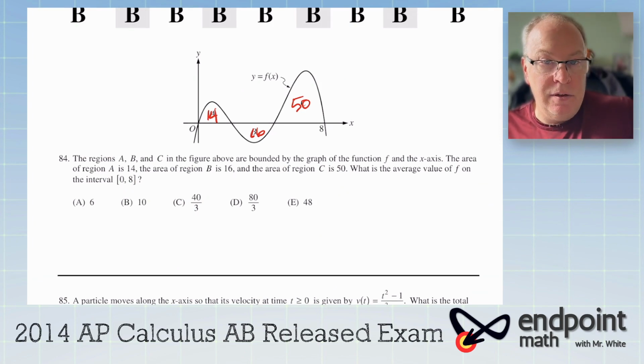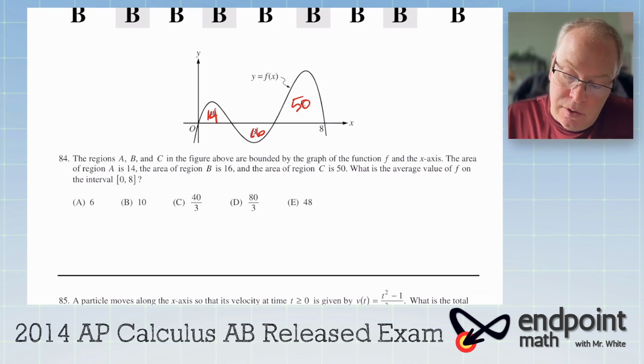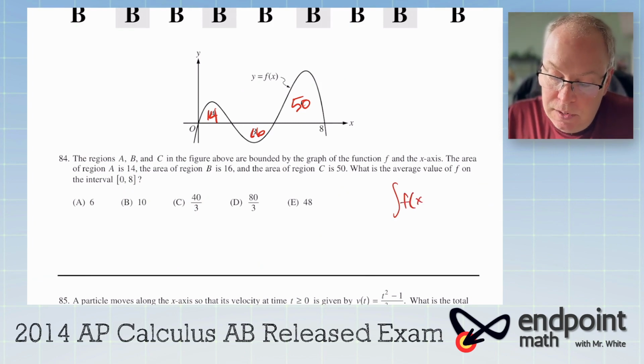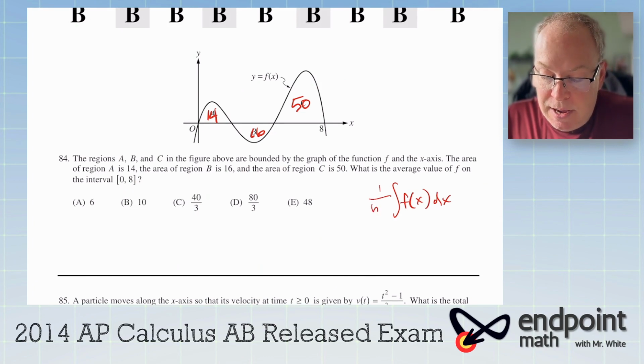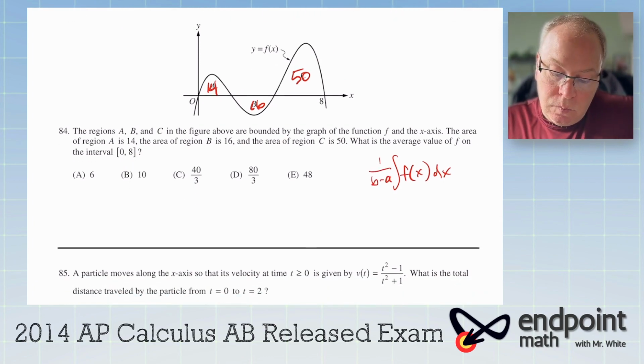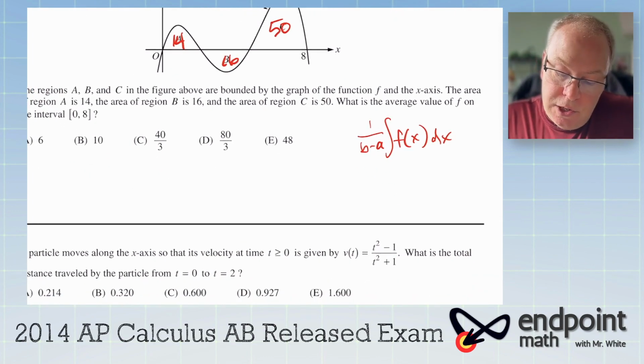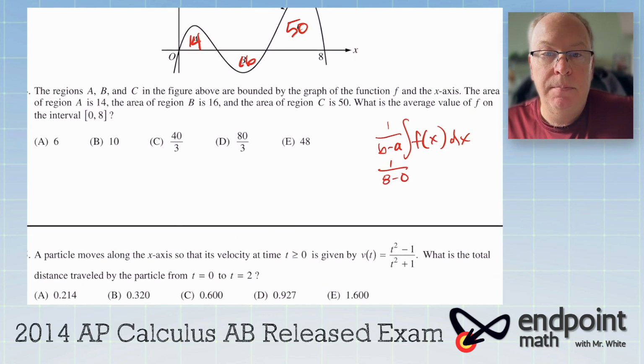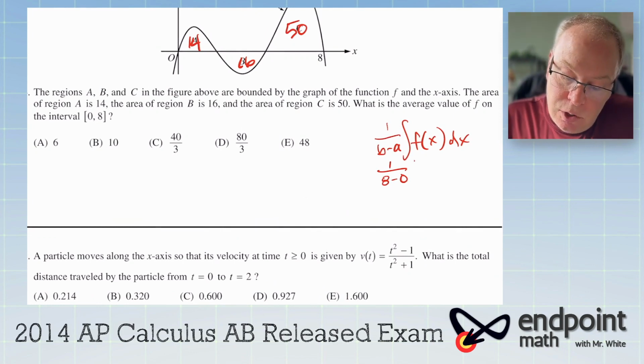Now, average value is where you take the integral on the function, not the absolute value of the function, just the function, and you divide by b minus a. So this would be 1 over 8 minus 0, of course, right? What about the value of the integral?